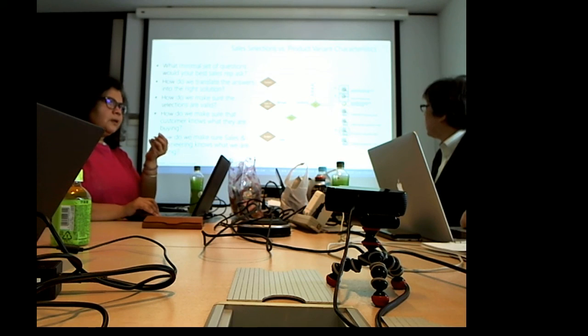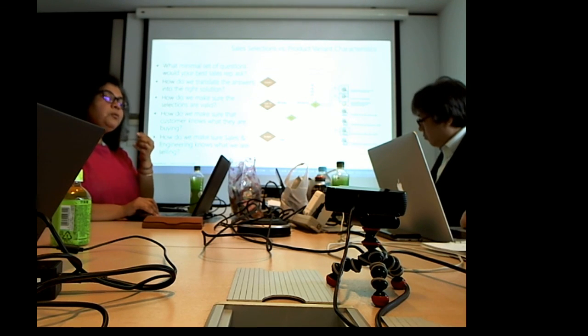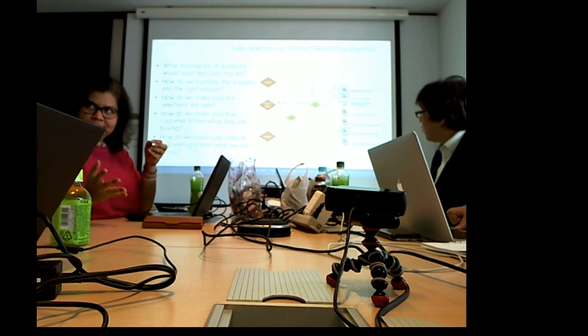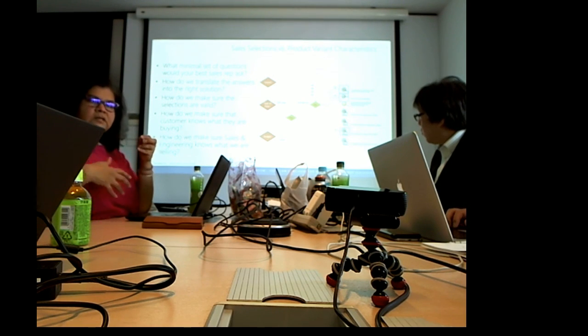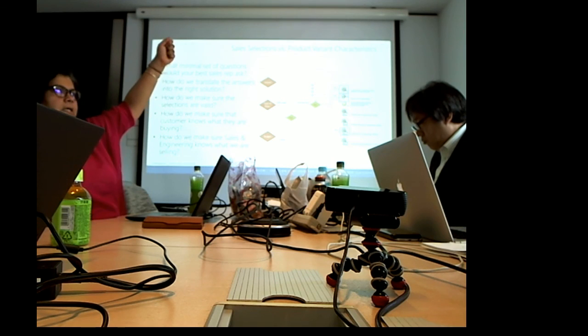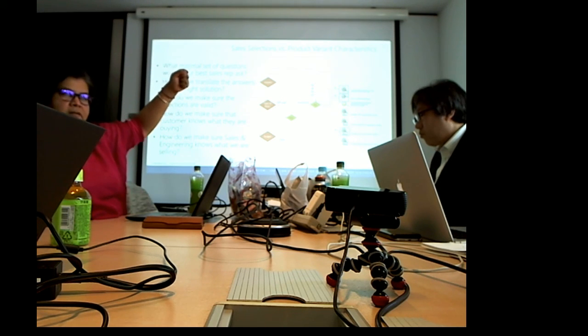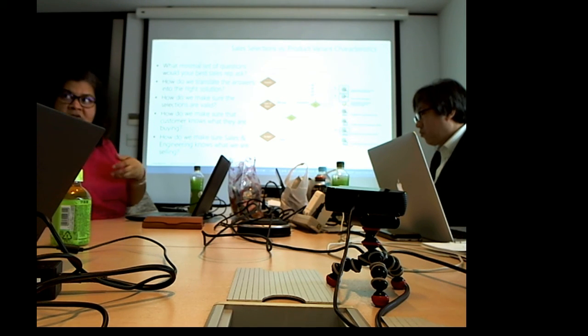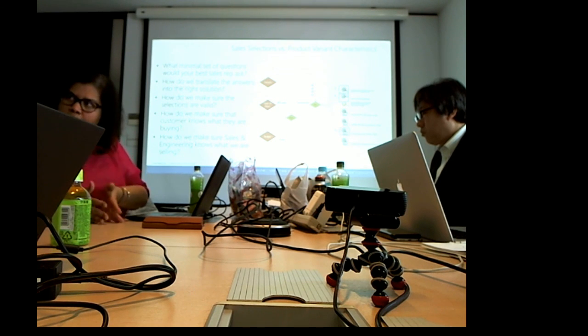And when we write rules, we want to make sure the customer is not misled, because just because we have a product catalog with thousands of products, we want them to have the right product because the customer has a specific need. We want to give the customer a product for that need.